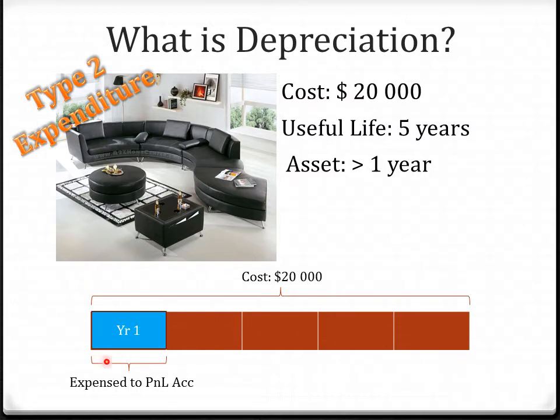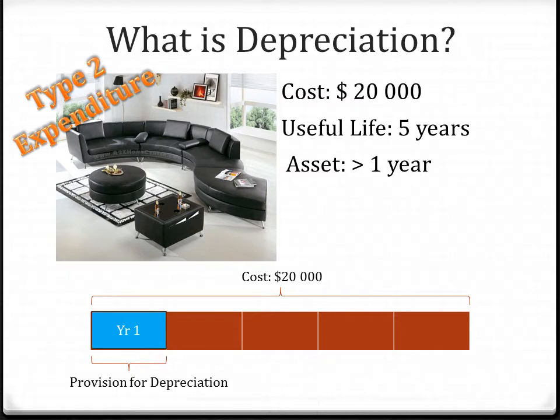Now, in year 1, because this is expense, you will see that this is also the provision for depreciation. Now, you would learn by now that the provision for depreciation is actually whatever has been depreciated so far for that particular fixed asset. And since it is year 1, this is what has been depreciated so far.